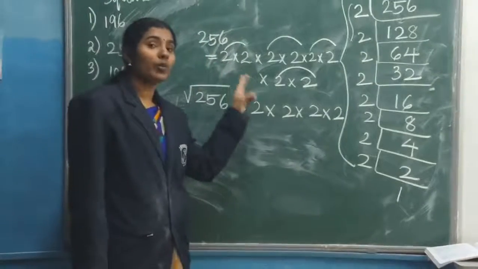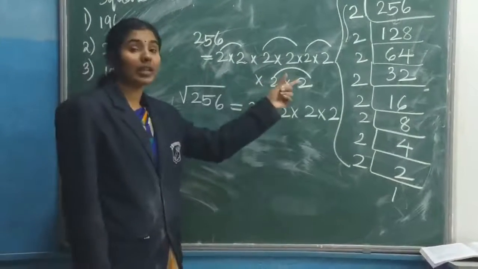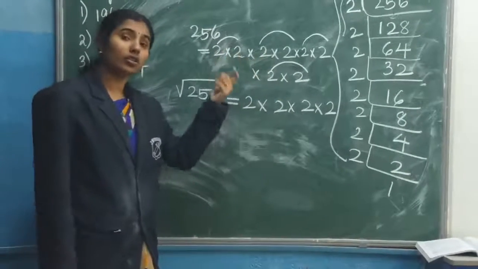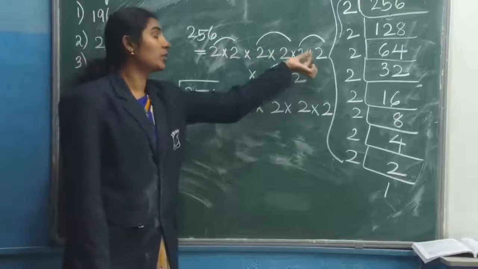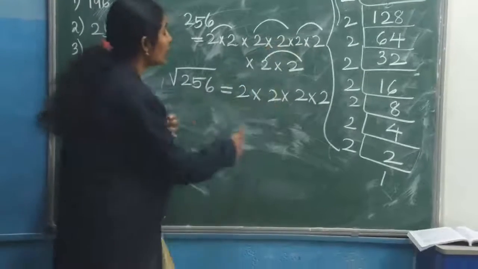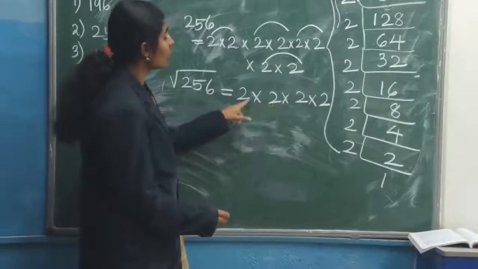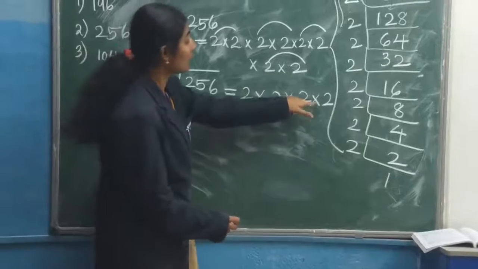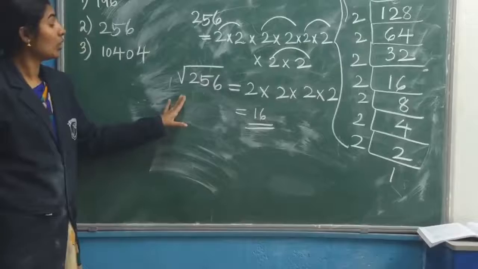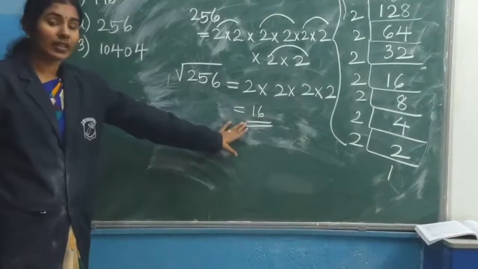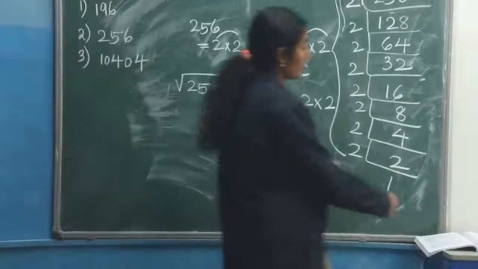So, total how many pairs are there? 4 pairs are there. In each one, 2 is the given number. So, 2 multiplied by 2 multiplied by 2 multiplied by 2. What will you get? 2 2s are 4. 4 2s are 8. 8 2s are 16. So, what is the square root of 256? That is 16. Okay.